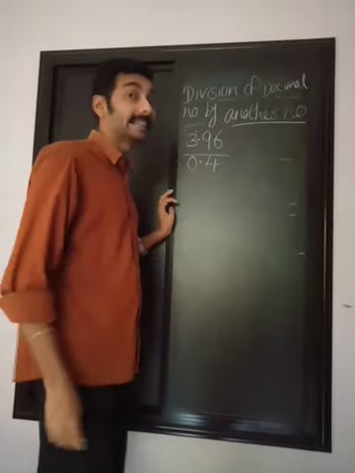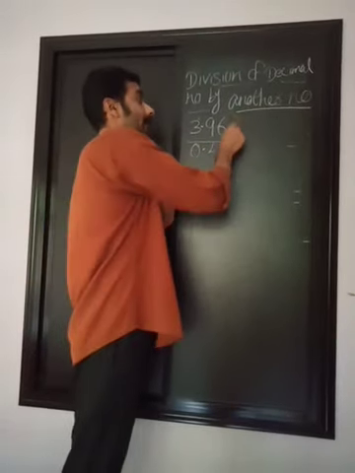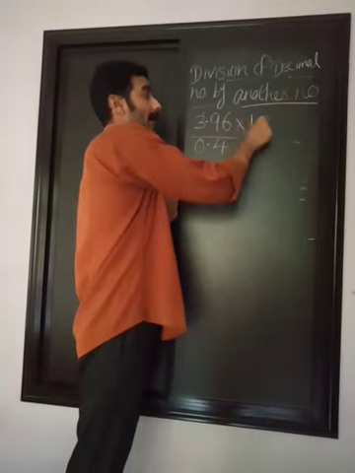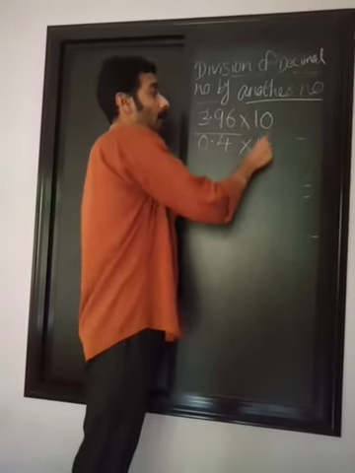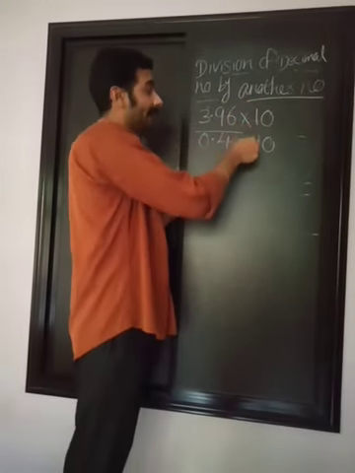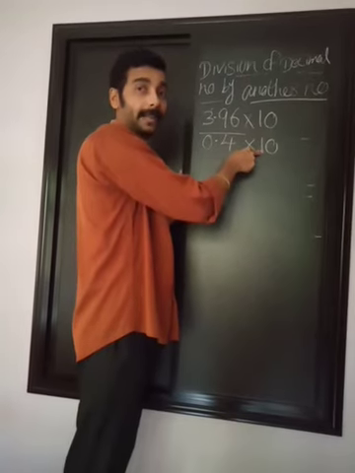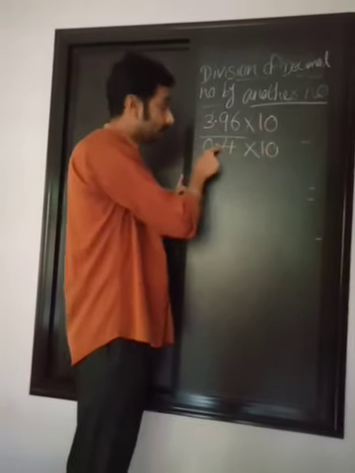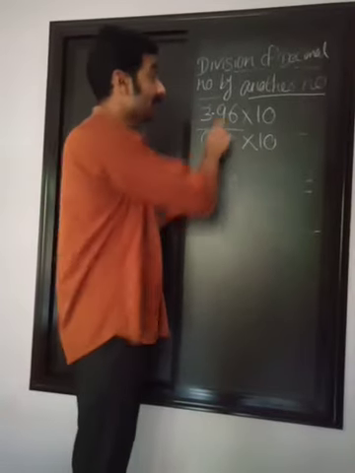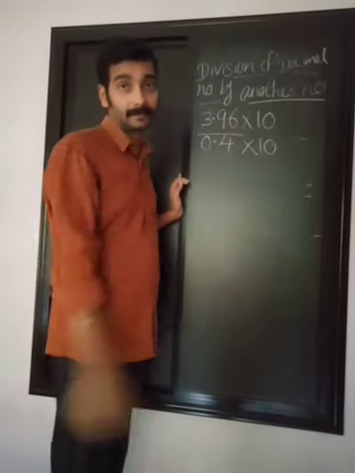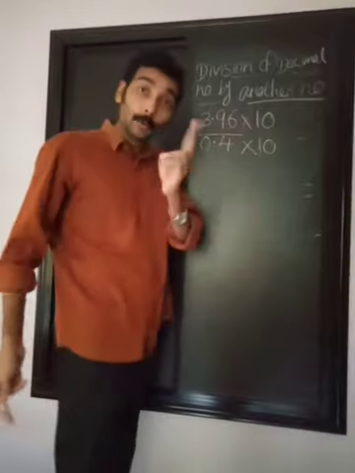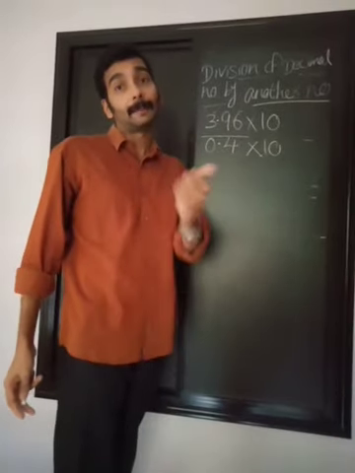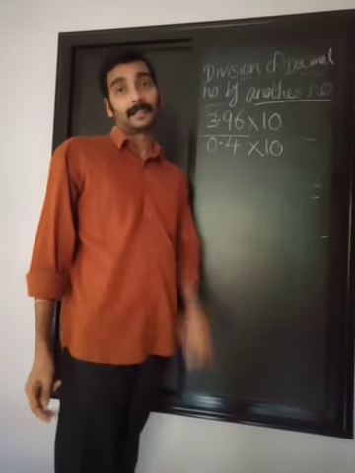Then we multiply by 10. We multiply 10 on both numerator and denominator. This is one place of decimal, we multiply by 10. Otherwise, if there are two places of decimal, you multiply by 100. Okay.